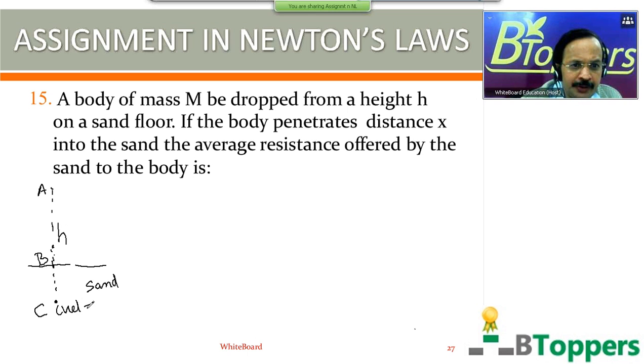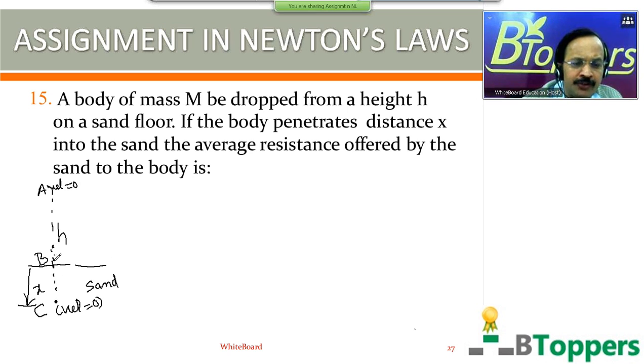So velocity becomes 0 at the position C. The distance from A to B is equal to h, and the vertical distance from B to C is equal to x. The velocity at B will be root 2gh, starting to fall freely under gravity from the point A.